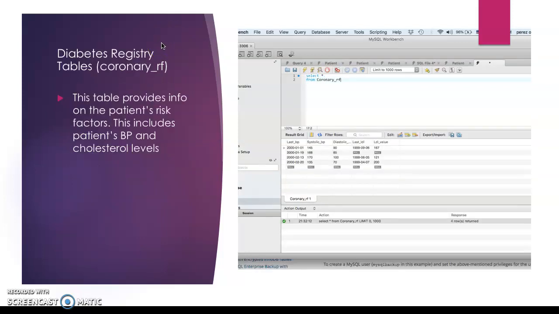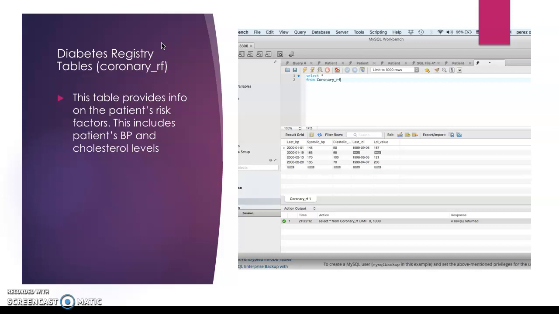So the first table, which is my coronary risk factor table, provides info on the patient's risk factors. This includes the patient's blood pressure and the patient's cholesterol levels. You can tell, I did a quick query here, which is select all from coronary risk factors.